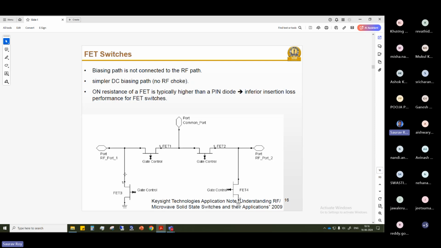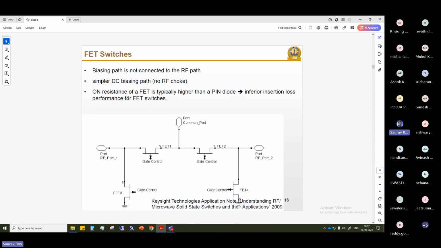I suppose if you use a MOSFET, it will come with some ports for biasing, and you can directly connect the biasing to them, unlike the pin diodes where you have to do it separately by soldering and all. That's why no RF choke is required. The DC biasing path becomes simpler.